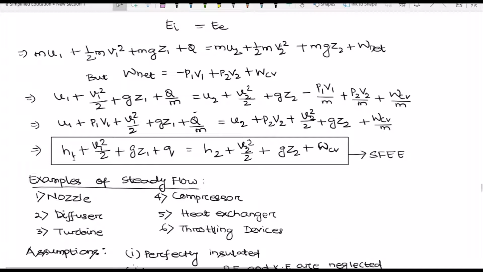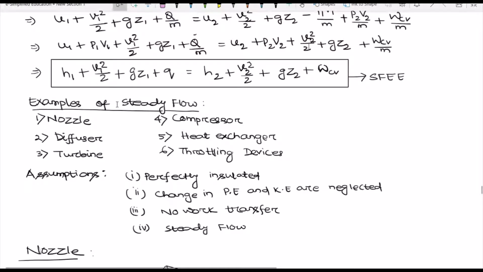So this is the final expression: h1 plus v1 square by 2 plus g z1 plus small q equals h2 plus v2 square by 2 plus g z2 plus control volume work done. This is our steady flow energy equation, the final expression.